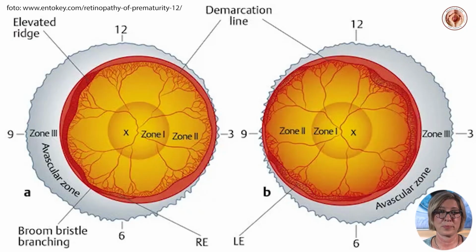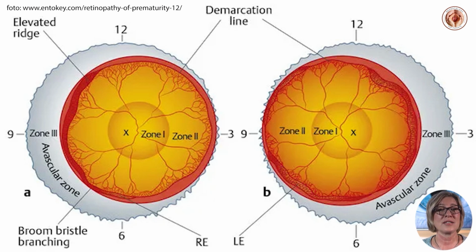Zones of ROP. The retina is divided into 3 concentric zones centered around the optic nerve, which helps to determine the location of abnormal blood vessel growth. Zone 1, the worst location.